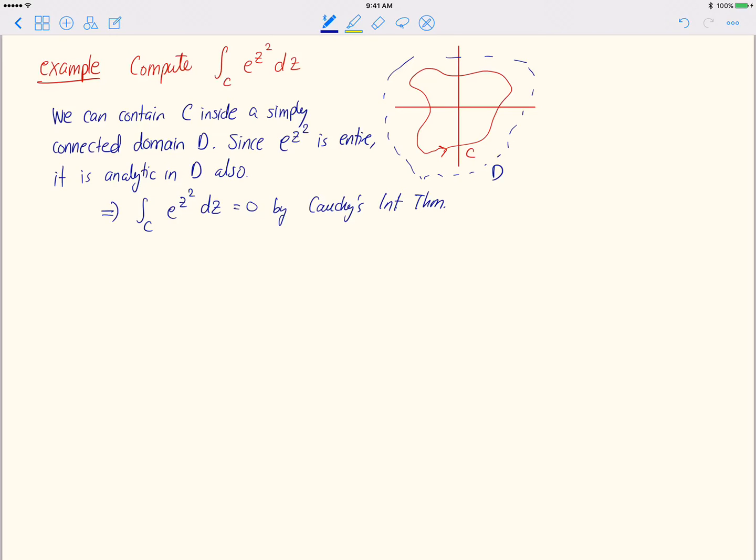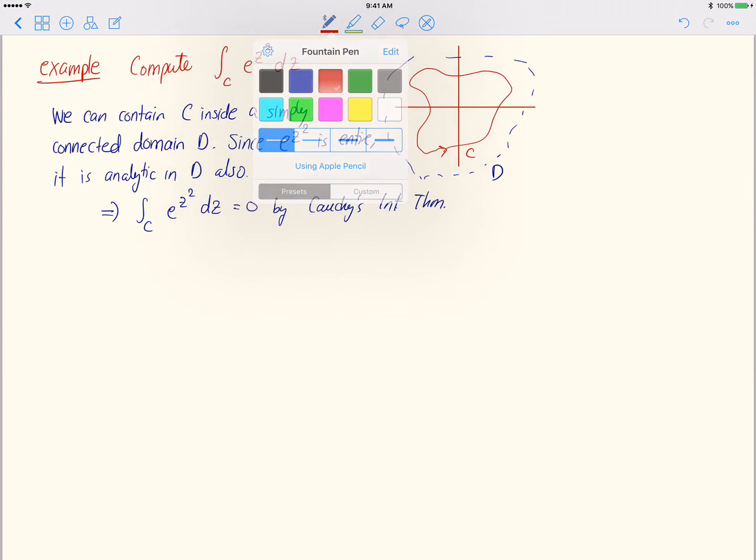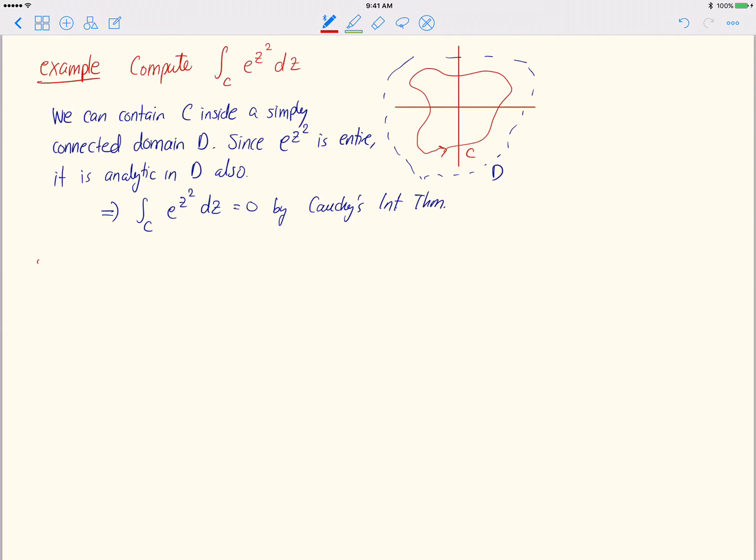I'll give you another example which is similar, the same spirit, but maybe a little bit trickier. Okay, how about this one?